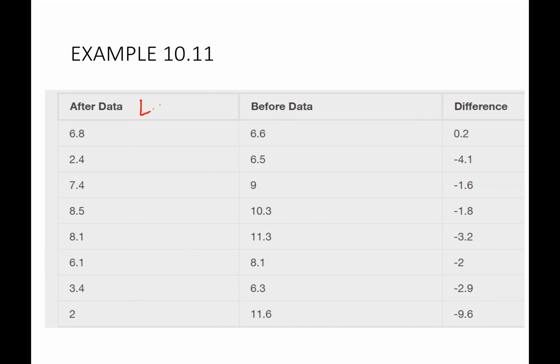It doesn't really matter. No, I put the after in L1. It doesn't matter. I'll show you why it doesn't matter where you put it. It's just how you take the difference that is going to change.